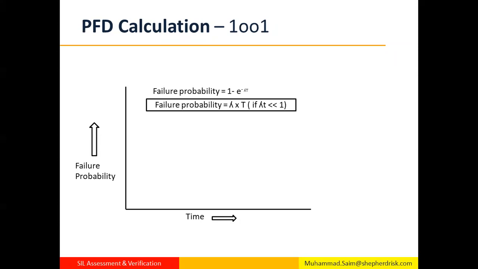So this equation simplifies into failure probability equals lambda times the time span, the time in hours, if the failure rate is per hour. So this gives us a diagonally straight line. We see that the failure probability increases with time as a product of the failure rate times the time elapsed.